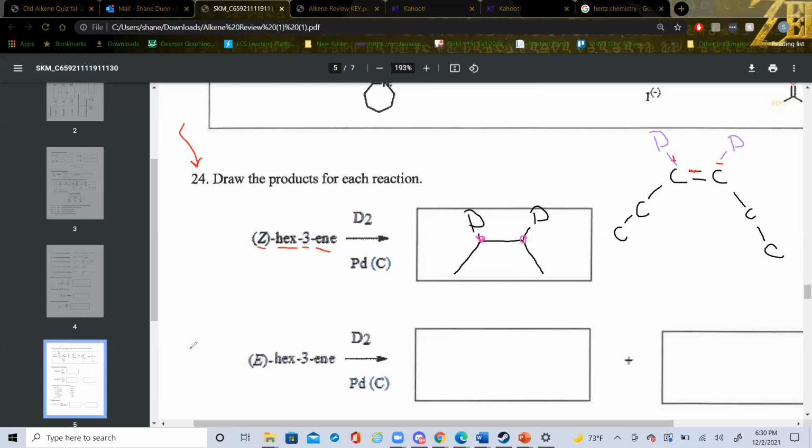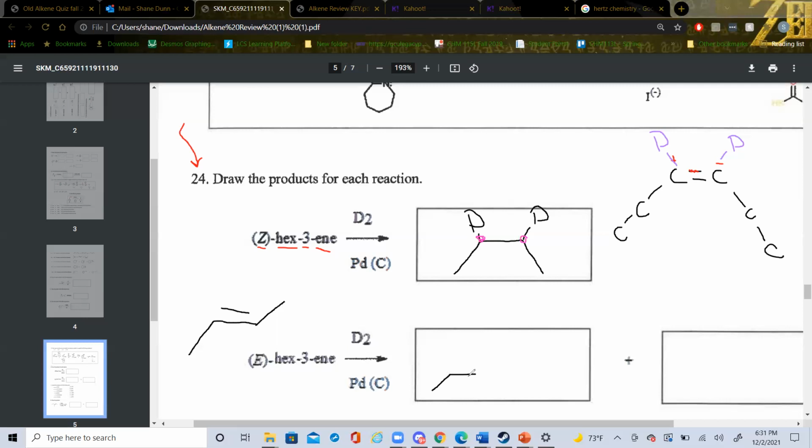What E looks like is going to be the same thing, except it's going to be longer and a little bit different. So the same thing is going to occur.